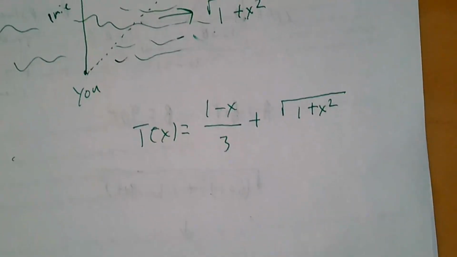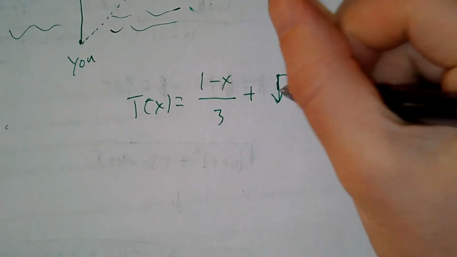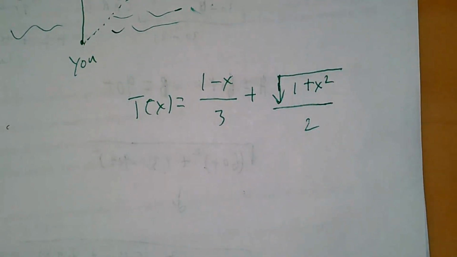Okay, sorry, took a little break there. So yeah, this is all good. This is going to be over 2 because we're moving at 2 miles an hour in the water.